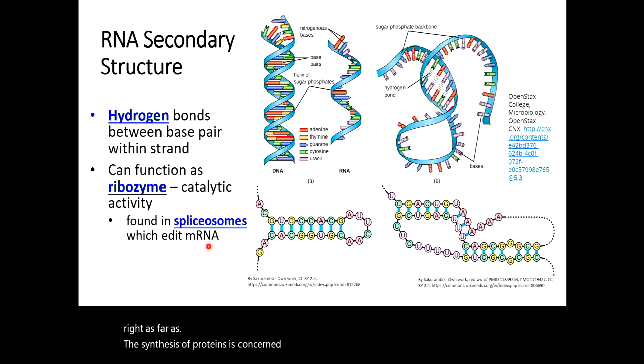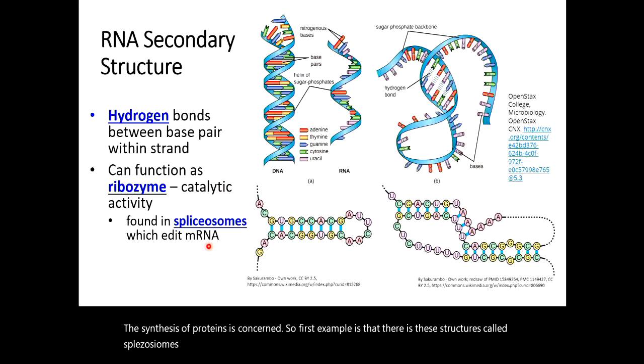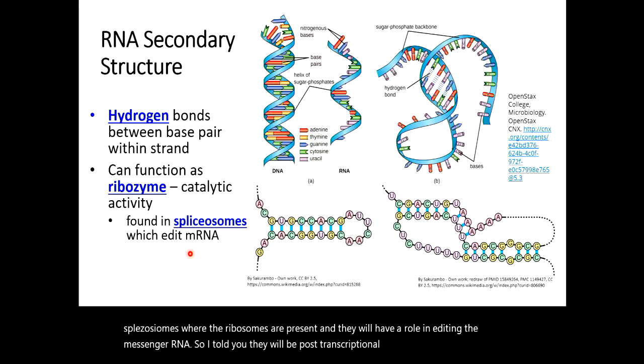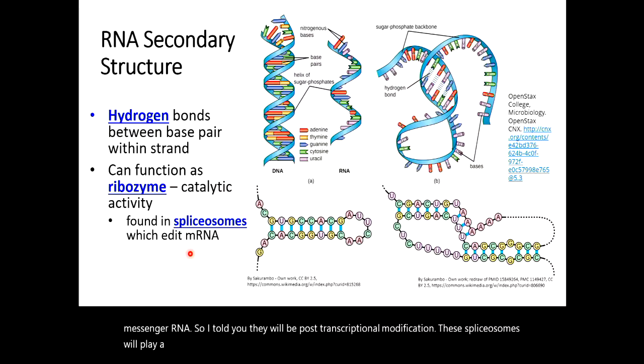So the first example is these structures called spliceosomes, where the ribozymes are present, and they will have a role in editing the messenger RNA. I told you there will be post-transcriptional modification. These spliceosomes will play a role in that, and they are made up of these ribozymes.